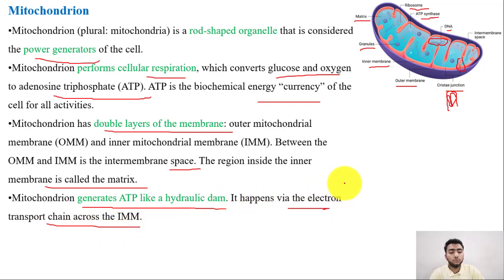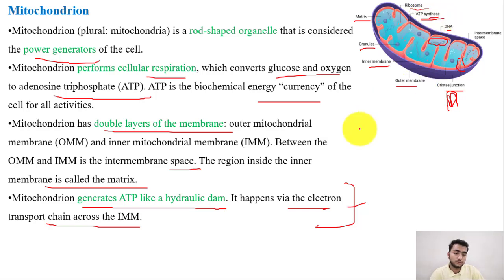So guys, we do not need to discuss the detail about this, but you need to understand that ATP is generated by virtue of the presence of the electron transport chain. Electrons move along these cristae, or these infoldings of the mitochondrion, and as they move through, the ATP synthase is also involved in the generation of this energy.